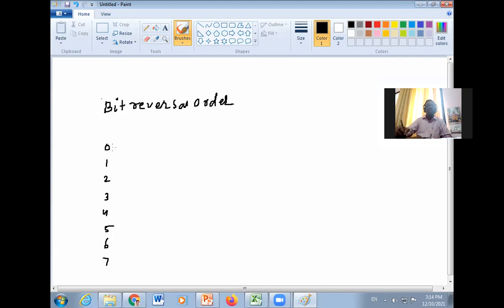So these are our 8 numbers, 0 to 7. Then if I want to write its binary equivalent value, how do I write? For 0, what do we write? 0, 0, 0. Then for 1, it is 0, 0, 1. Can anyone tell me the next part? How to write the binary number for this? Hope my voice is audible.